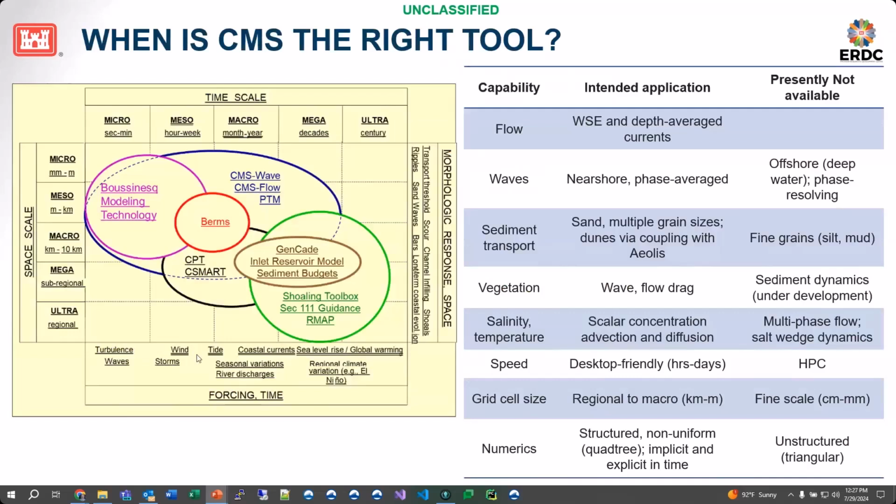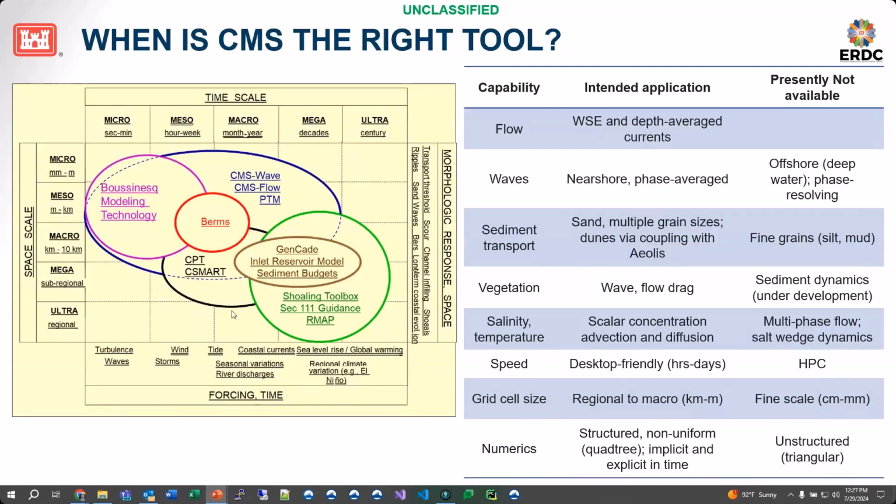So this page kind of shows when CMS is the right tool to be used. We have a time scale and a spatial scale, and we're fitting in. This oval is getting a little bit larger over the last 5 to 10 years. We were relatively small at first, but now we're getting into longer and longer simulations over larger and larger spatial scales.